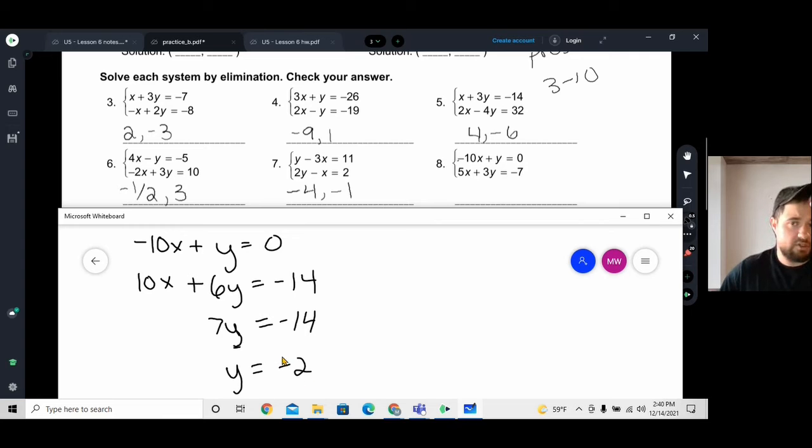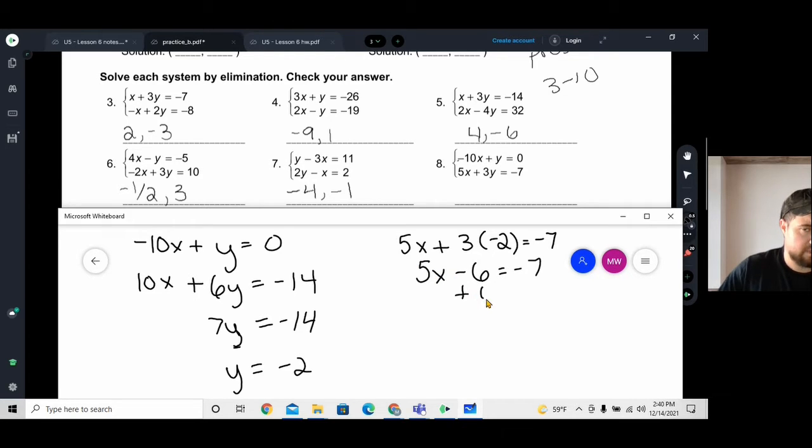And I'm going to take that negative 2 and I'm going to plug it in. Okay, so 5x plus 3 times negative 2 equals negative 7. 5x minus 6 equals negative 7.